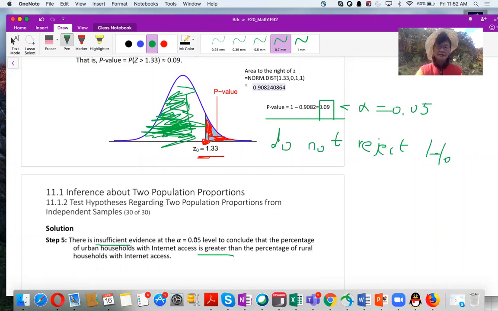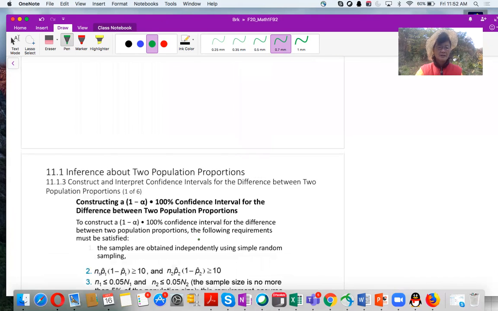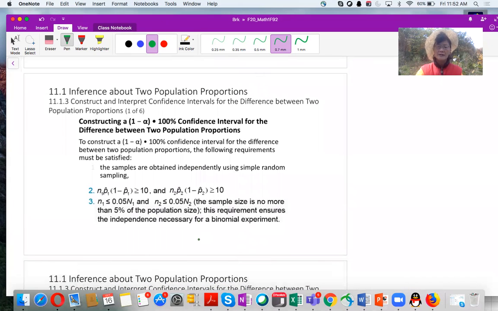So these are two approaches to hypothesis tests about two population proportions. Next, we'll use another method to test two population proportions.